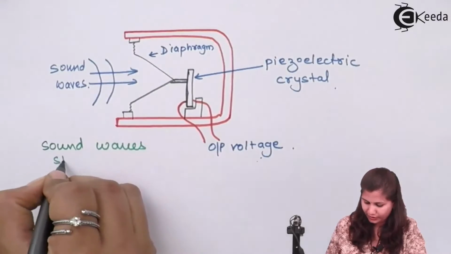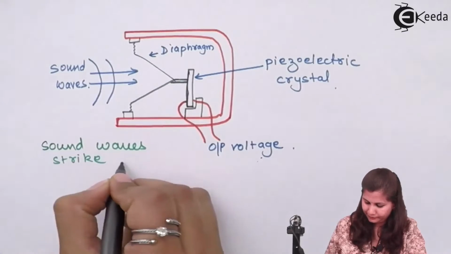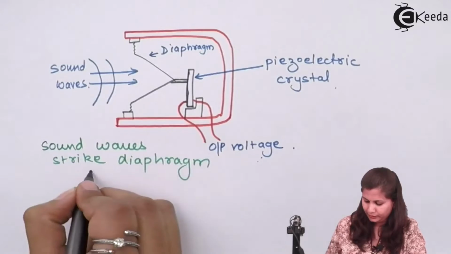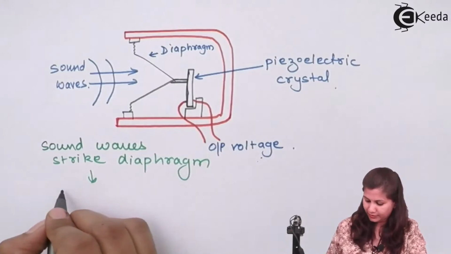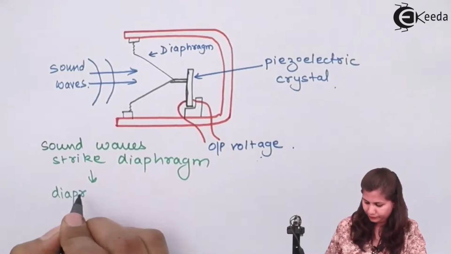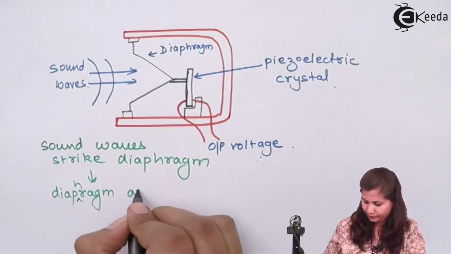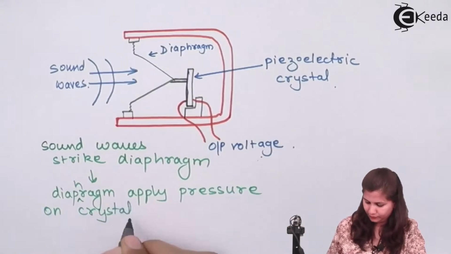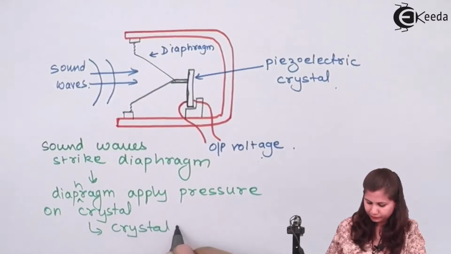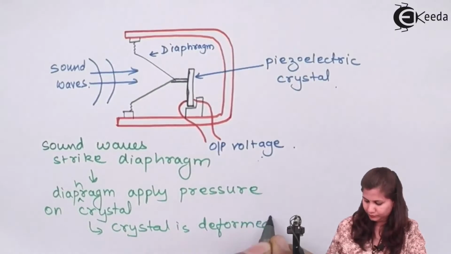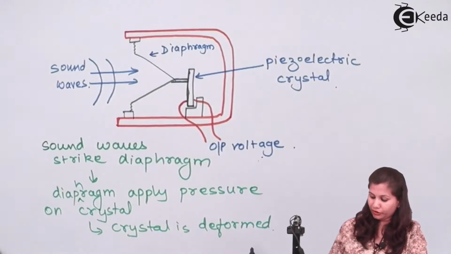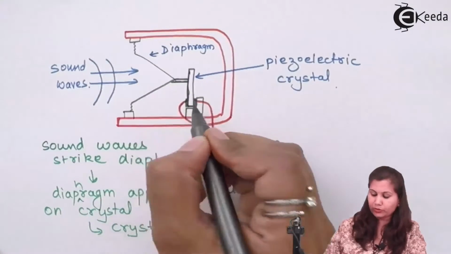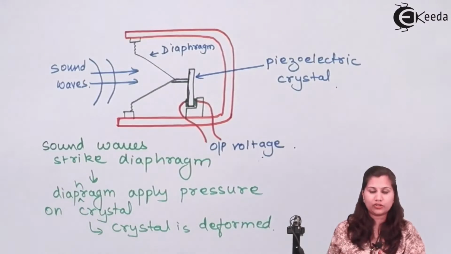Sound waves strike the diaphragm. The diaphragm changes its shape. And due to the deformation of the crystal, the two sides of the crystal are going to generate two opposite charges.